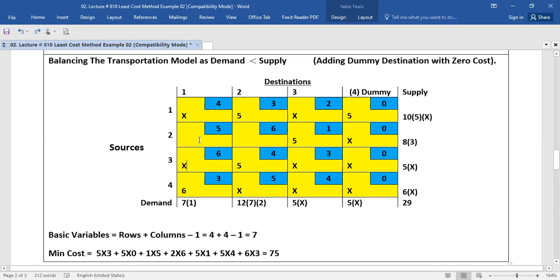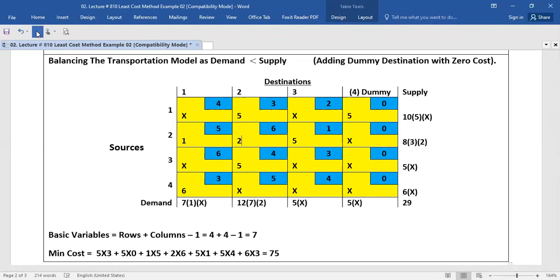Yes, now we are left with 2 blank cells. Here the least cost is 5. Supply is 3 remaining, and here demand is 1. We will put 1 in this cell and cross in front of 1, and 2 is remaining, the supply. So we have the only cell where the demand is 2 and supply is 2. So we will put 2 in this cell.